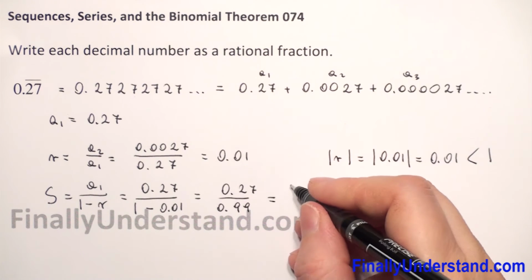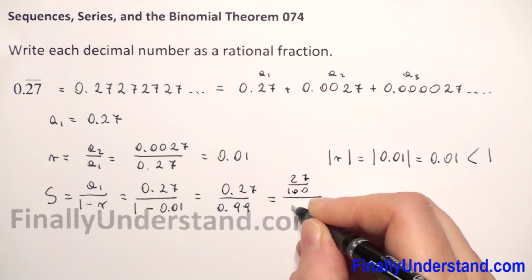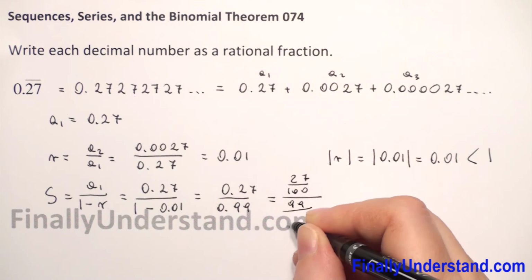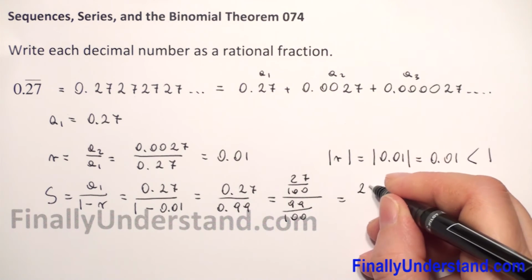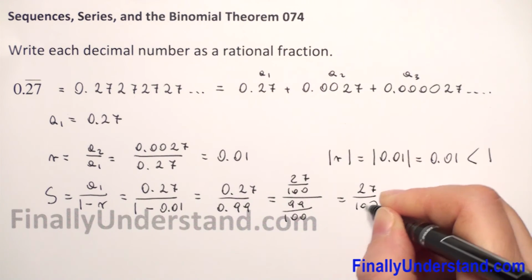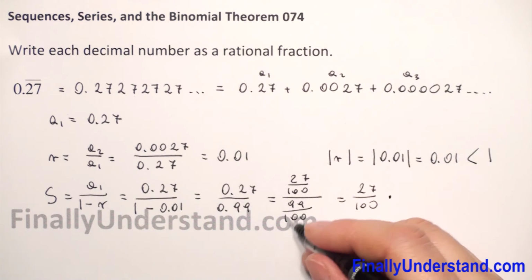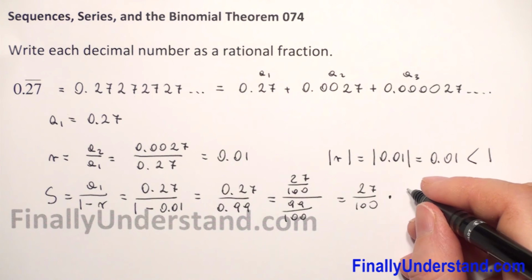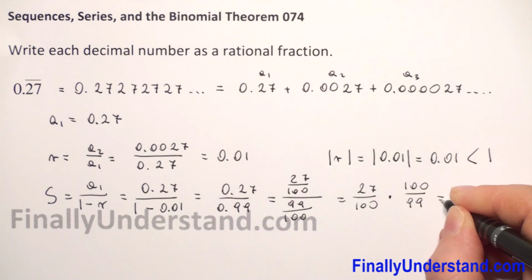So we have 27 hundredths over 99 hundredths. So this is equal to 27 over 100 divided by 99 over 100. So we change to multiplication, and we have to flip whatever we have in the denominator. So we have 100 over 99.